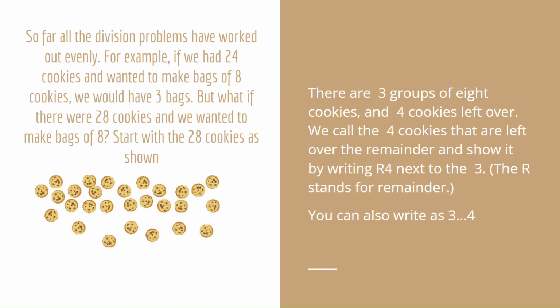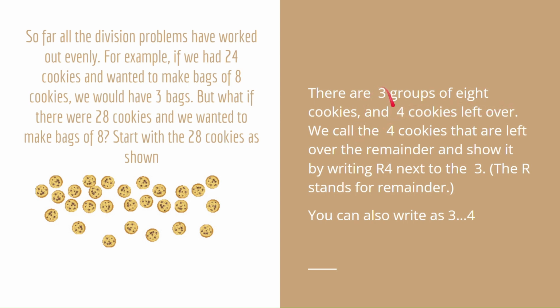For example, if we had 24 cookies and wanted to make bags of 8 cookies, we would have 3 bags. But what if there were 28 cookies and we want to make bags of 8? Start with the 28 cookies as shown.